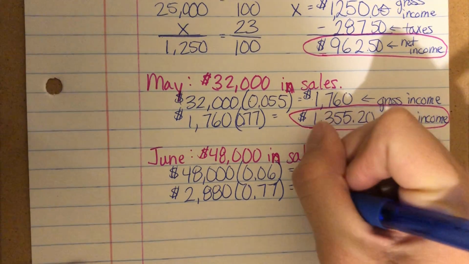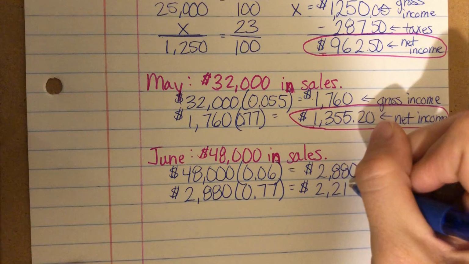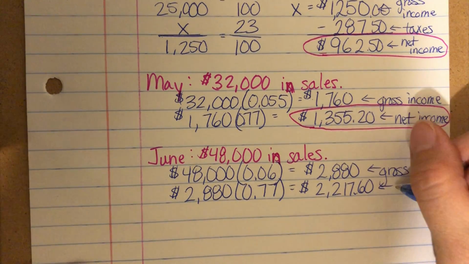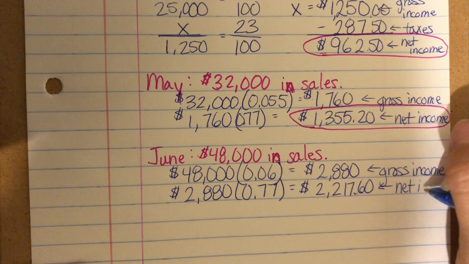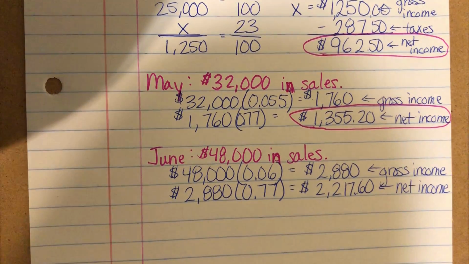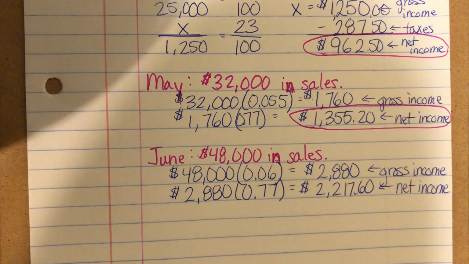All right, so it looks like her net income, the amount that she actually gets to keep, is $2,217.60.